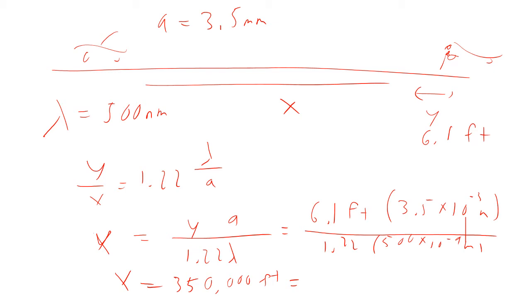So what does that mean? Well, 350,000 feet turns out to be a distance of 66 miles. So if it's farther away than that, you would not be able to see that you have two separate things right here. So that's one example.